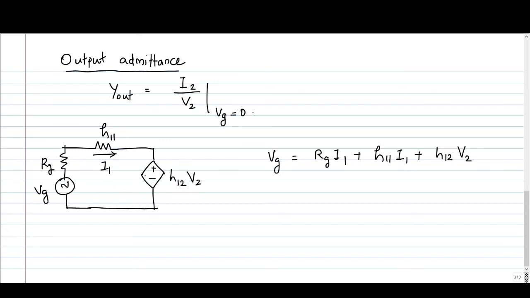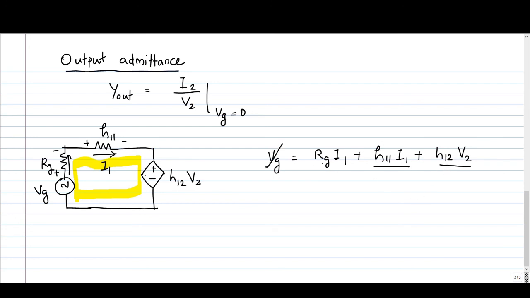So if you apply KVL on this port, we will get this equation. VG is the source voltage, it is equal to the drop across RG. Current flowing through RG is I1, so it is RG into I1 plus the drop across H11, that is H11 into I1, plus this dependent source H12 into V2, that is also plus to minus, so the same polarity.